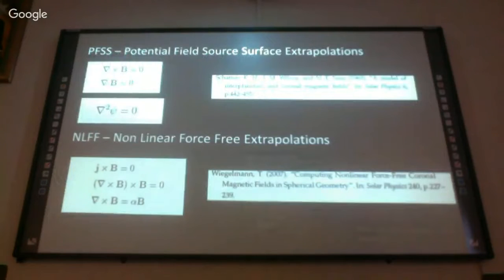Right, so there are several ways you can model the coronal magnetic field. One easy way is to take the magnetic structures on the photosphere, that is the surface of the sun, and extrapolate that to find out the magnetic structures in the corona. It's like suppose you place two magnets, so you know the field lines that will result from the magnets. It's something like that. It's a potential field source surface extrapolation.